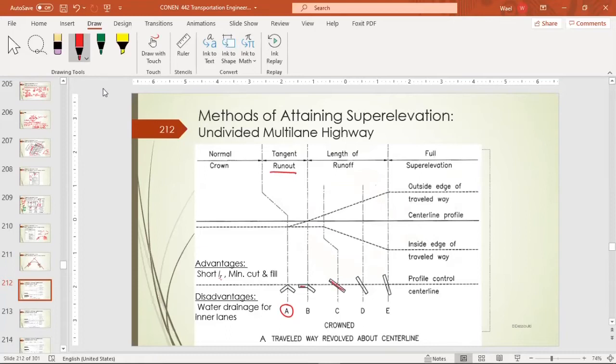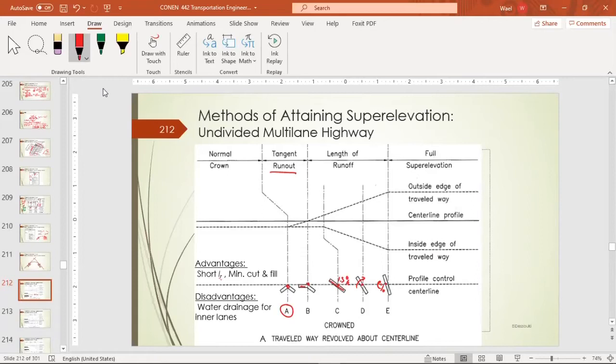Then now we have the slope of 1.5%. Then here we start rotating gradually until we reach the E percentage that we want to achieve. And as you can see, here we are rotating around the center line. The lanes are rotating around the center line.